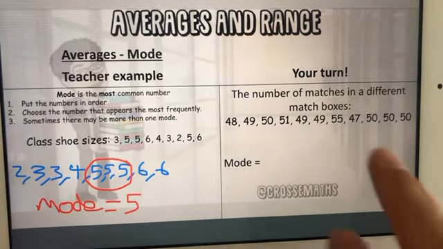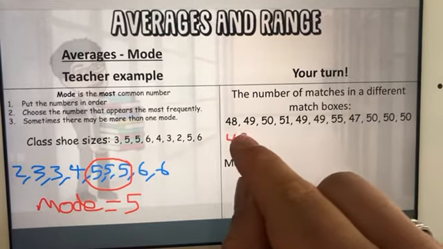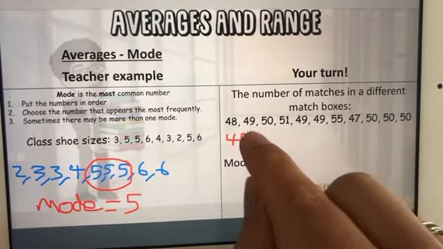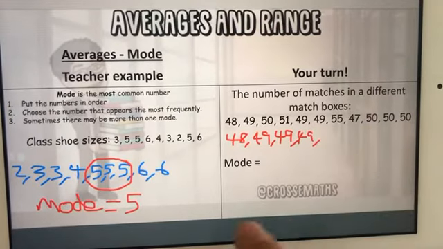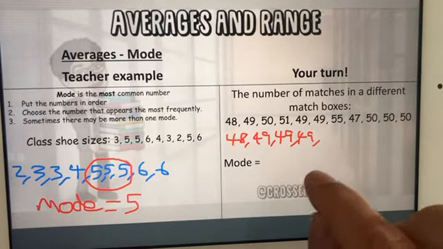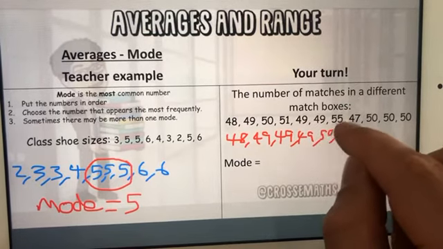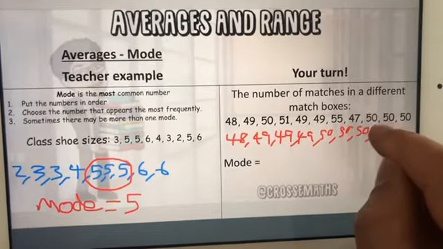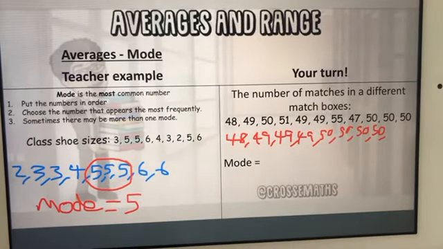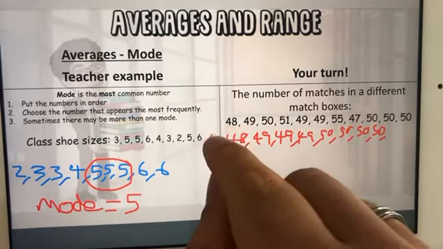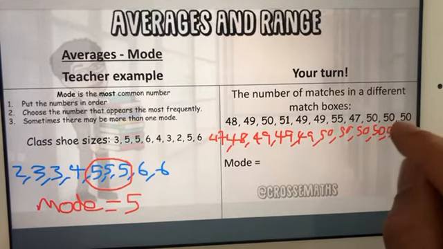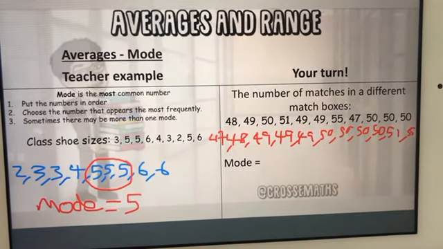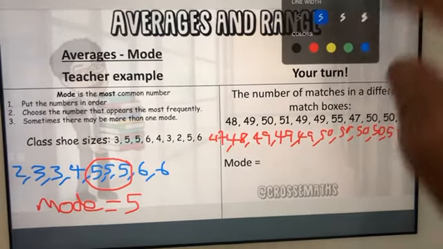While you're doing that, guys, I'm just going to put them in order. Right, guys, so those are the numbers in order underneath.